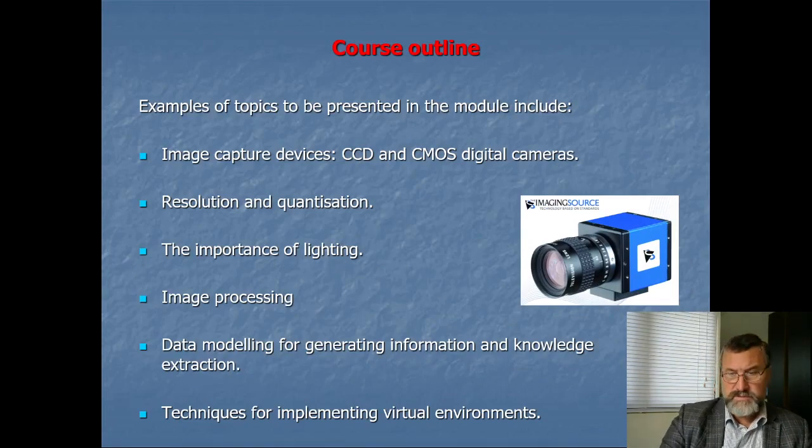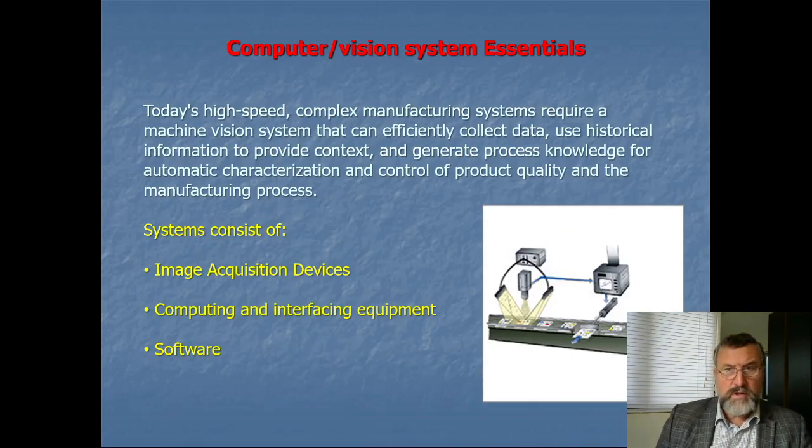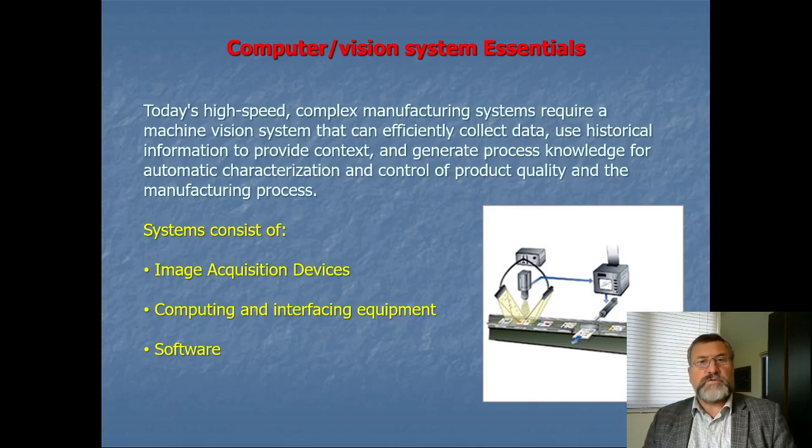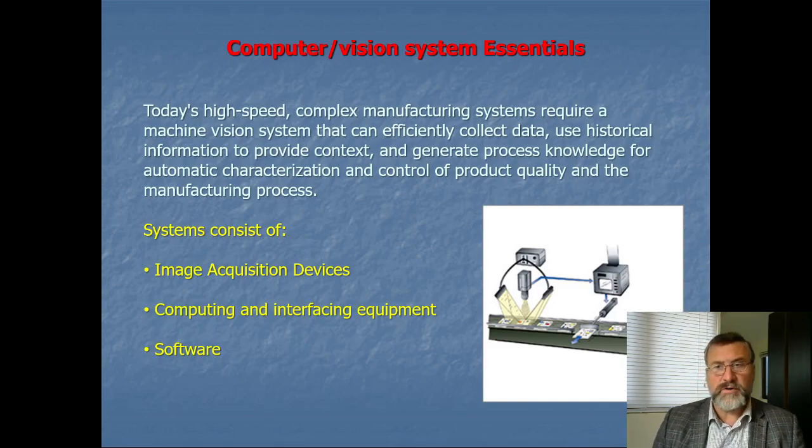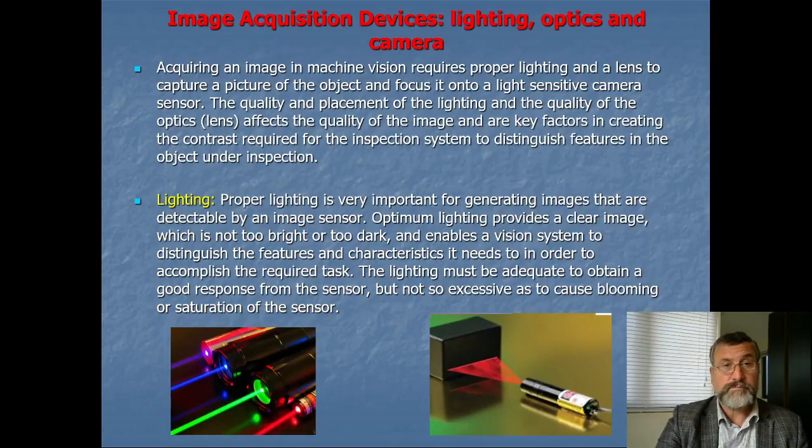So lighting. This is the virtual environment part. Okay. Just going through the basics of what computer vision systems are. We can typically look at things coming along conveyor belts, a very classic example. So with the image acquisition device, computing interface equipment, and the software, of course. Well, LabVIEW, Vision Assistant LabVIEW is the software in our case.